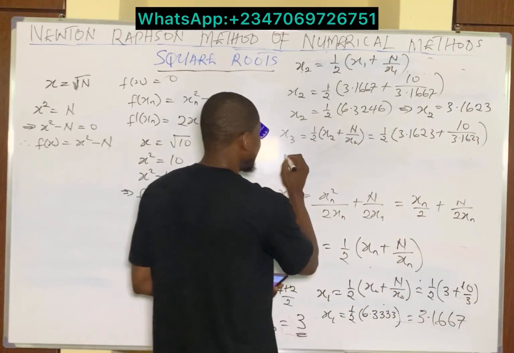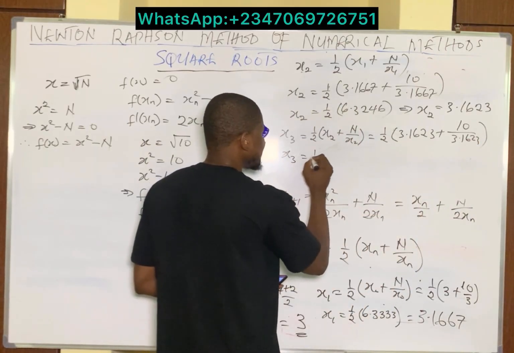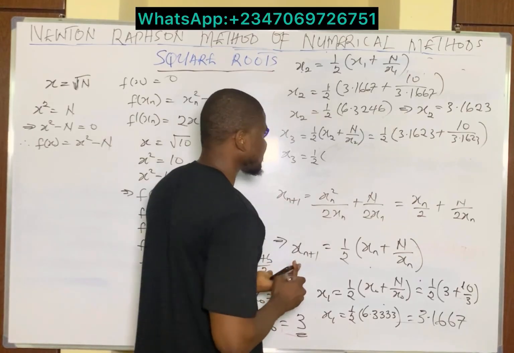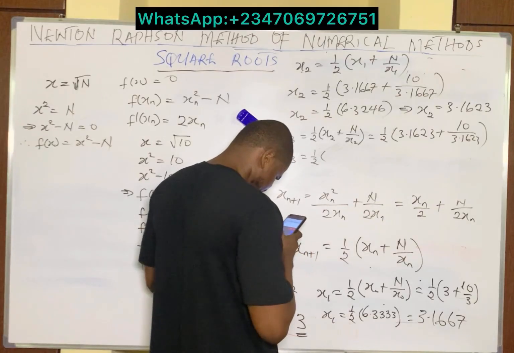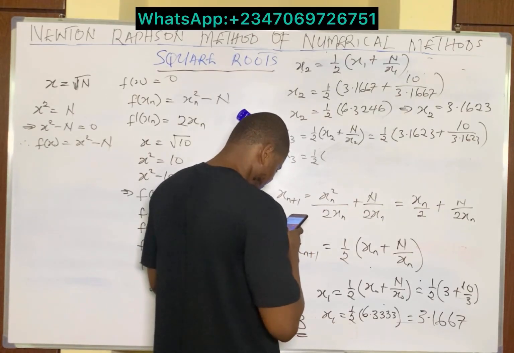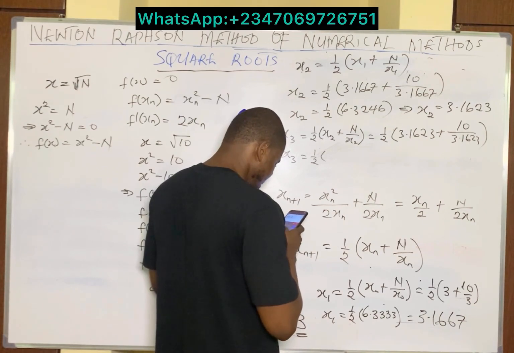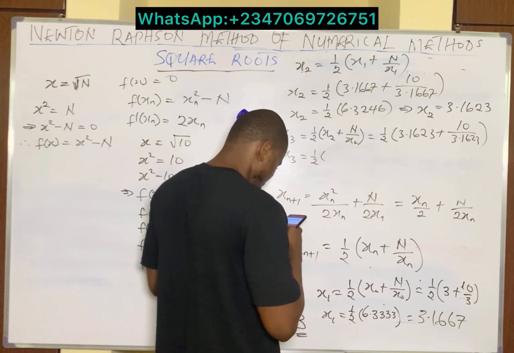Let's evaluate everything in the bracket and see what we are going to have. 10 divided by 3.1623 plus 3.1623.